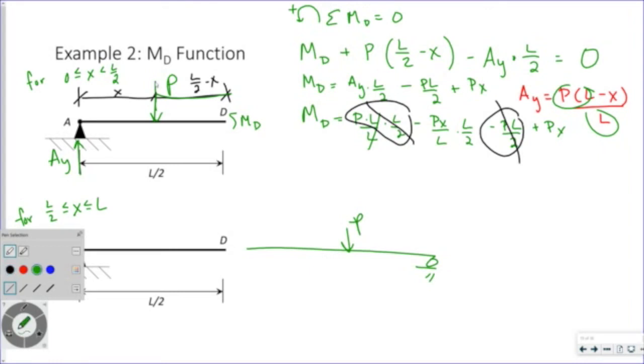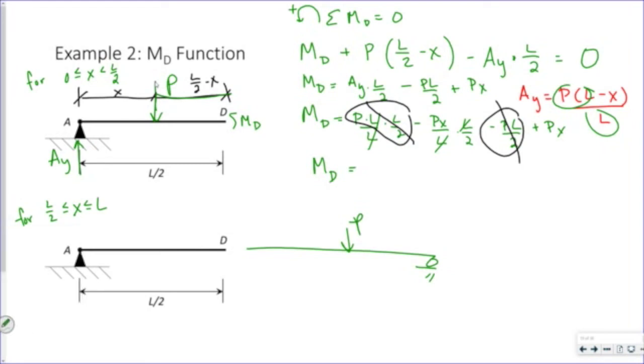Okay, my moment at D, that goes away, is PX times negative 1/2 plus 1.